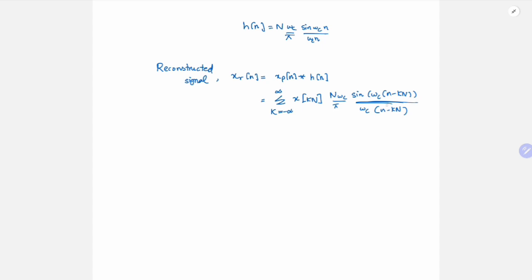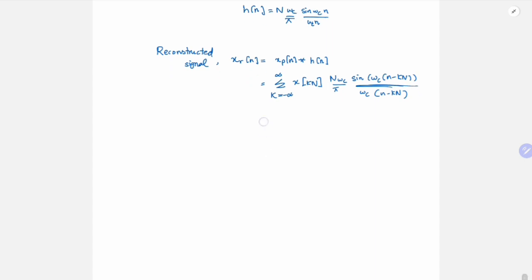So this is again like a sinc interpolation, but this is in discrete time. So it will not be continuous. It will be only the discrete sinc we will have, and it will give me the reconstructed signal. And if my x of n initially itself was band limited, then this will be exactly replicated.